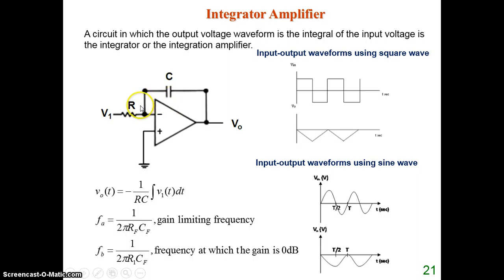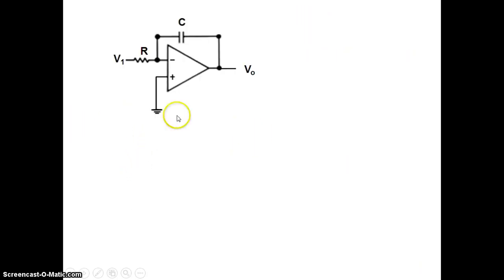So I will show you now how to derive the output voltage for an integrator circuit. Here you can see the current flowing through this, assume it as I1, and the current through this capacitor, assume it as IF.